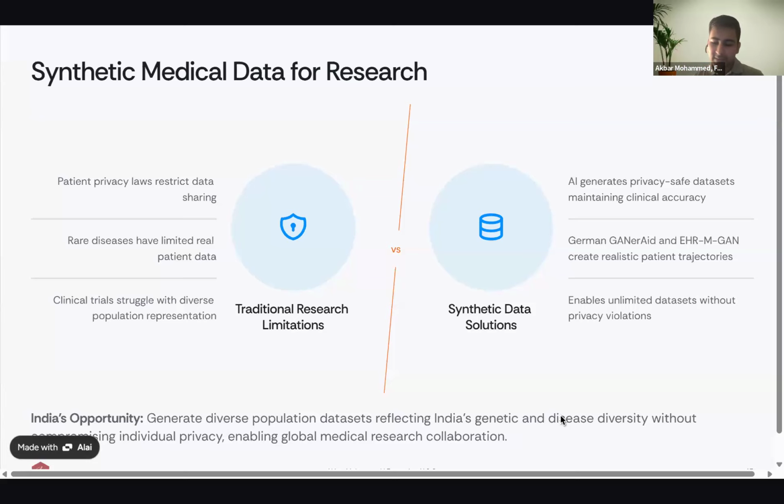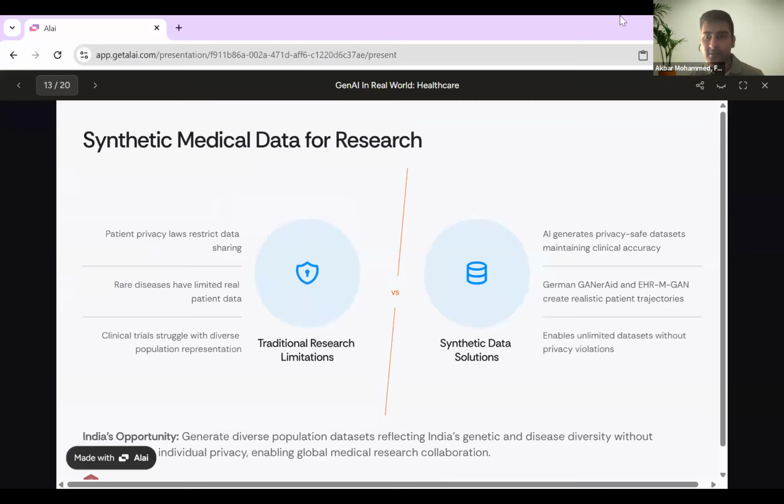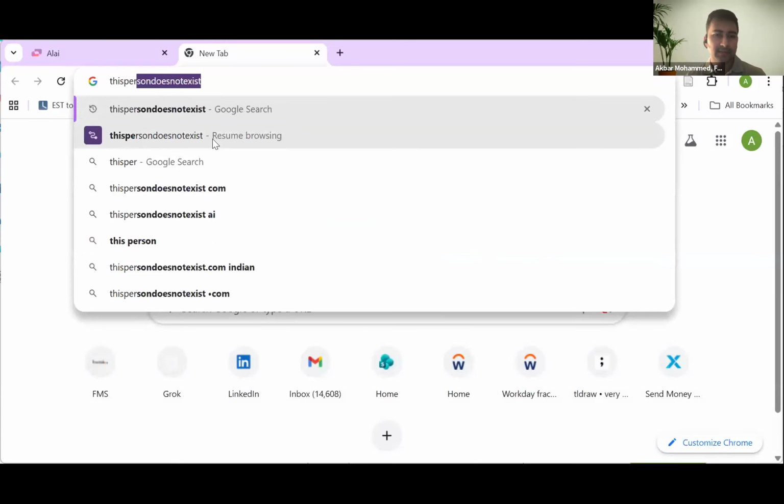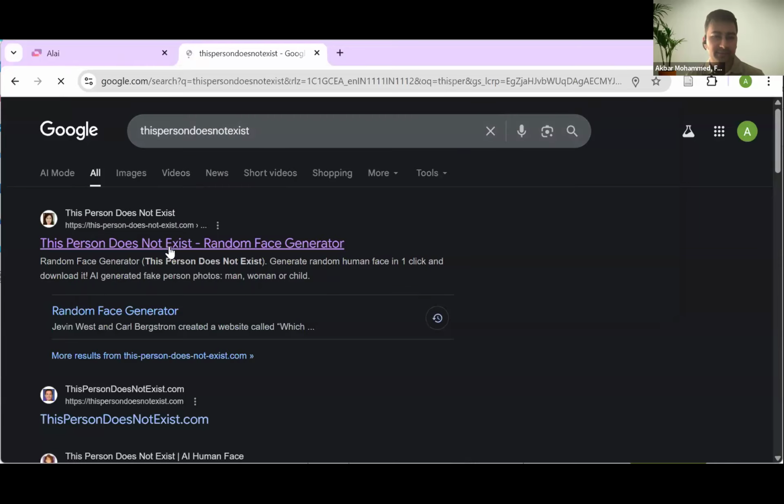Now what's happening is we are able to train AI models with medical imaging data or any medical data. It could be images, it could be audio, it could be anything. And then we can replicate that. We can create synthetic copies. Maybe a real example, I don't know if you folks have gone through this, is this person does not exist. Okay.